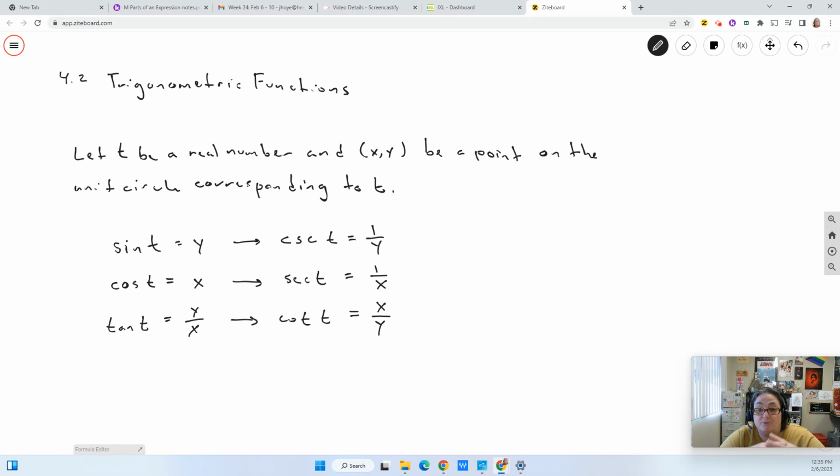And what you're going to be asked to do in your homework, and what we're going to go over today, is you'll get questions that say evaluate all 6 trig functions at such and such. So it may be like pi over 6 or pi over 4, and those would pertain to the unit circle itself.